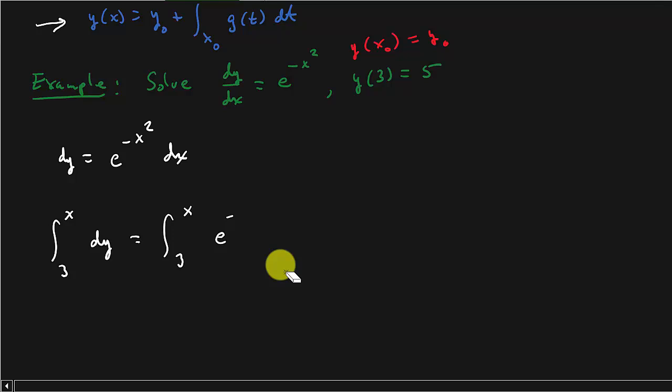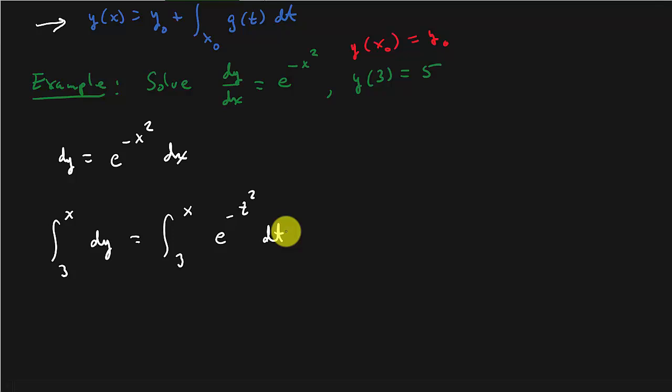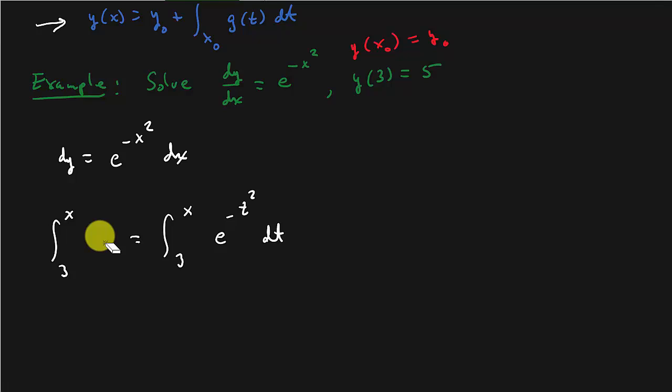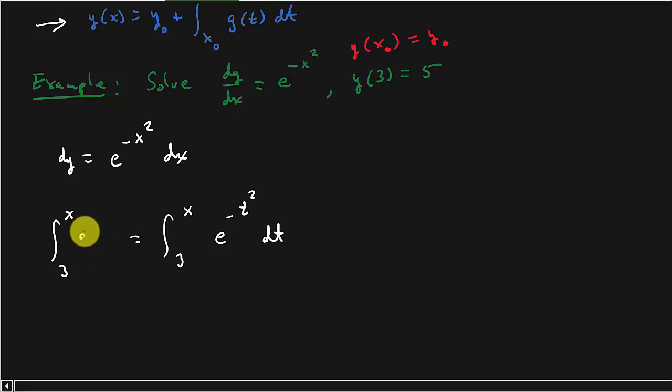Negative t squared dt. You get used to writing x all the time. Okay, so remember we're changing it to t, and let me rewrite this dy. We're doing dy/dt dt.